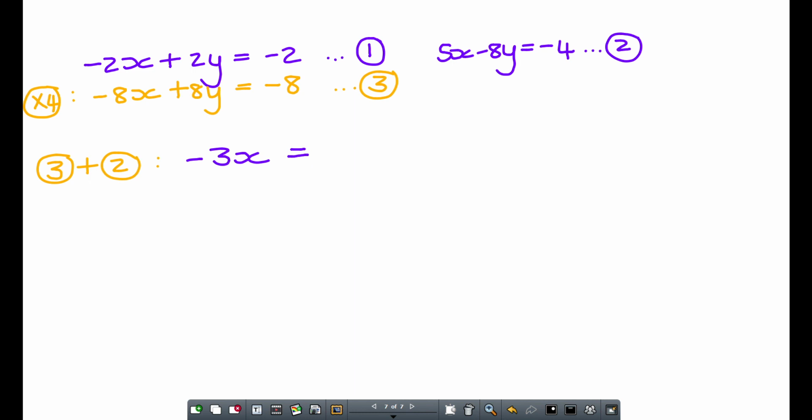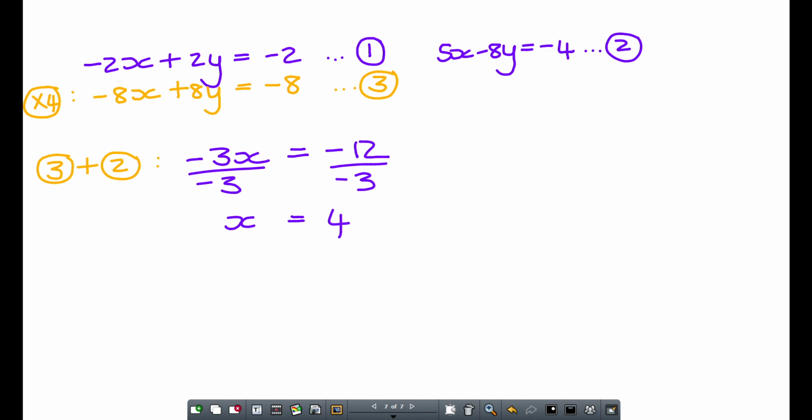I eliminated the y's. Okay, then minus 8 plus minus 4 is going to give me minus 12. Nee? Now I want to get rid of that 3, so I'm going to divide by minus 3 on both sides. Wat beteken x gaan wees 4.